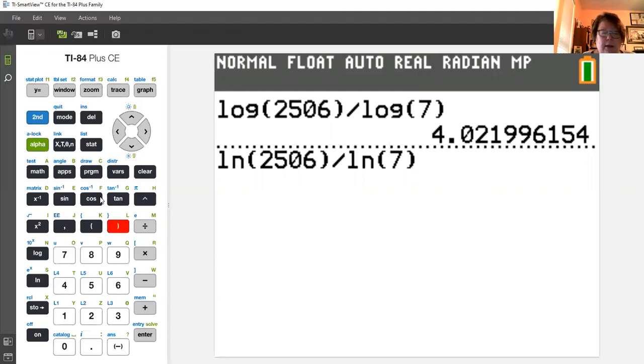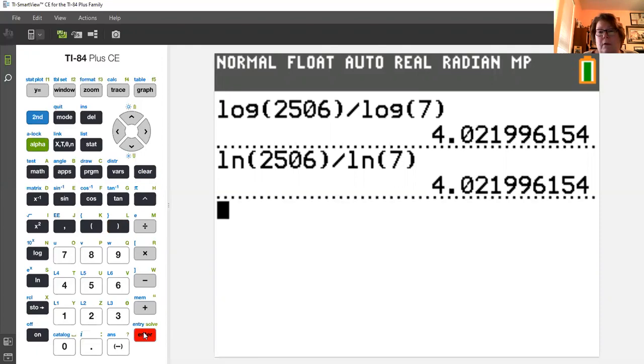Make sure that I close my parentheses on both of those, hit enter, and I get exactly the same value. So you can use the change of base formula to find the logarithm of any base by either taking the common log of that number divided by the common log of the base, or the natural log of the number divided by the natural log of the base. And that concludes section 4.3 on the properties of logarithms.